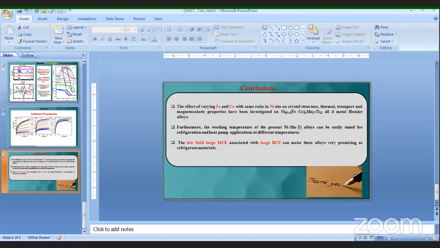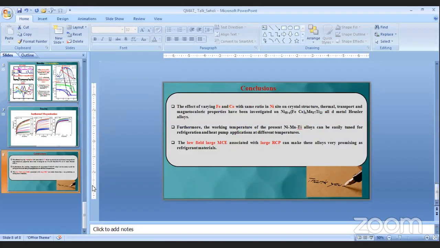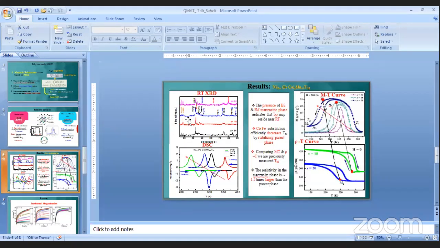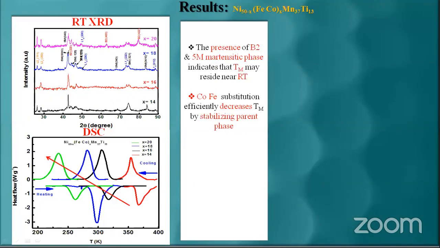Okay, let me ask you one technical question. In your XRD, I see broad peaks. Are these nanoparticles? No, sir. This is an alloy. Then why are the peaks not sharp? For bulk, XRD peaks should be sharper. The peaks are very broad, isn't it?